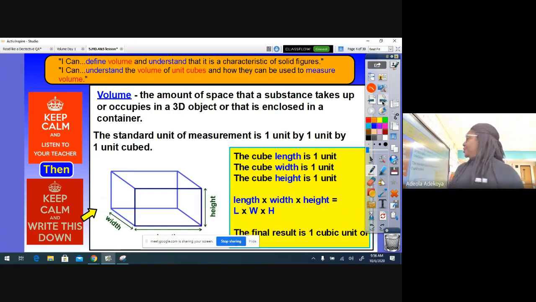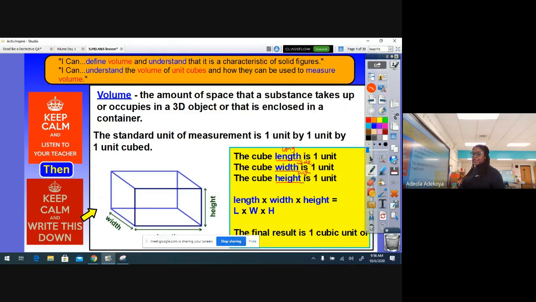So we measure the cube: the length is 1 unit, the width is 1 unit, and the height is 1 unit as well. Length, how long; width, how wide; and height, how high.